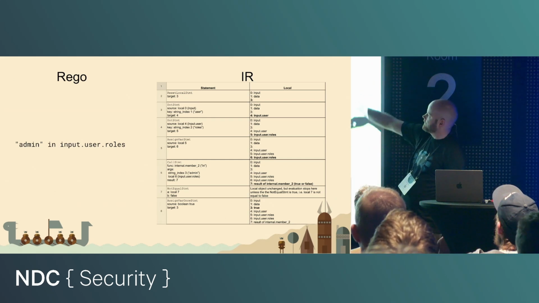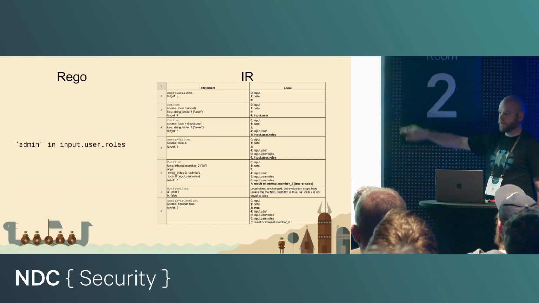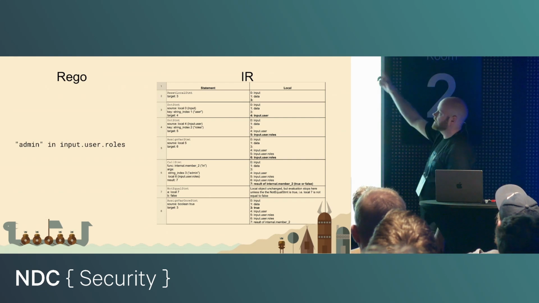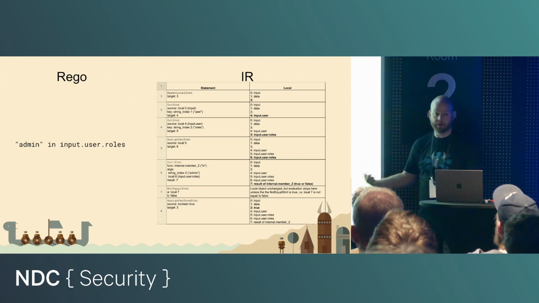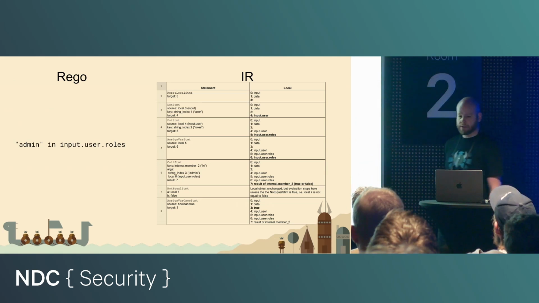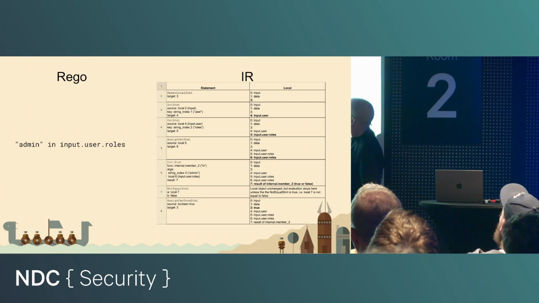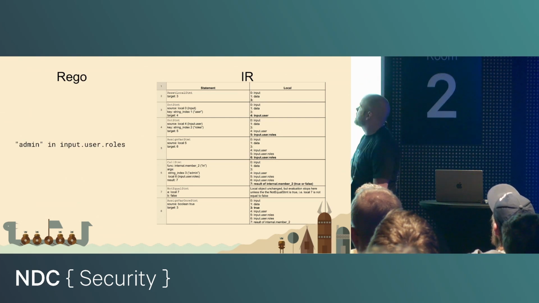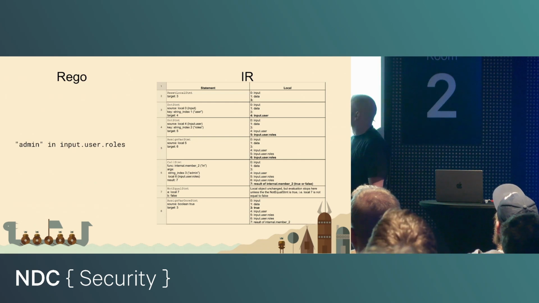Well, if we do have something like this, unless you're familiar with compilers, this isn't really readable. But it makes perfect sense for a computer. It's just, first, I'm going to clear the third location here, and the next step, I'm going to reference input.user. The next step, I'm going to reference input.user.roles.